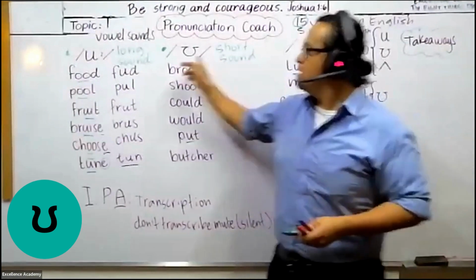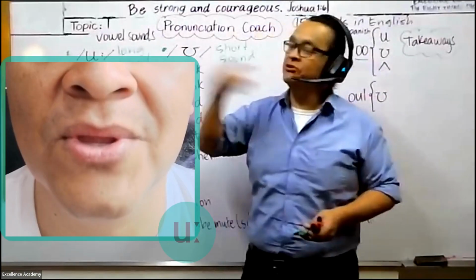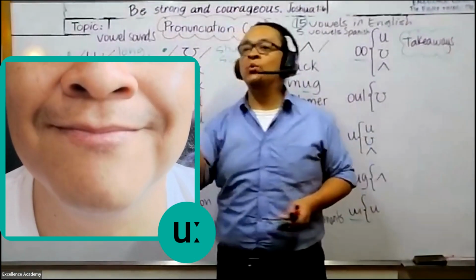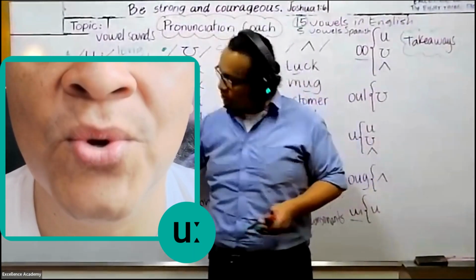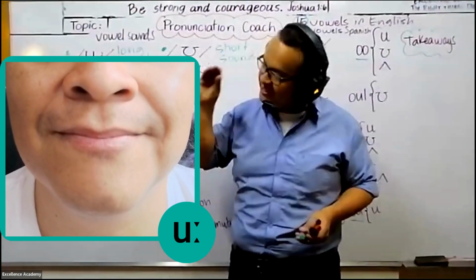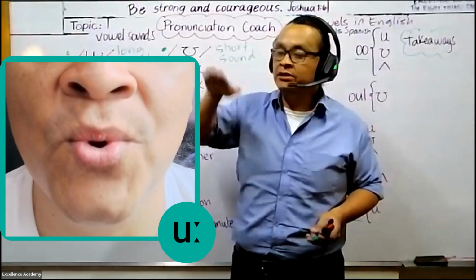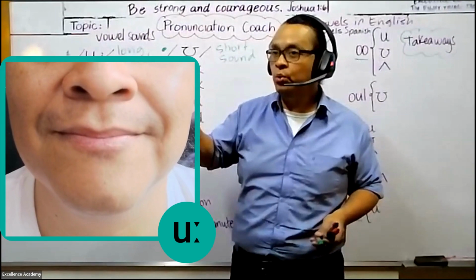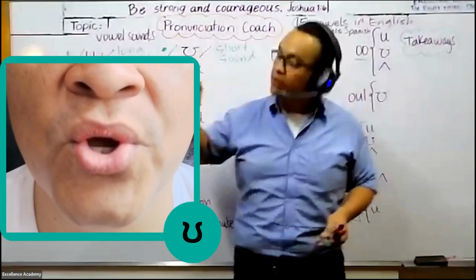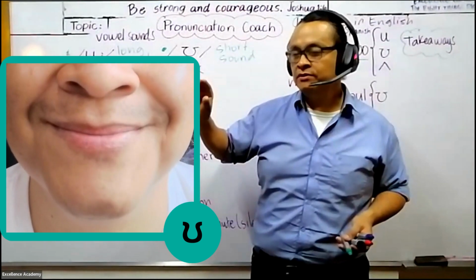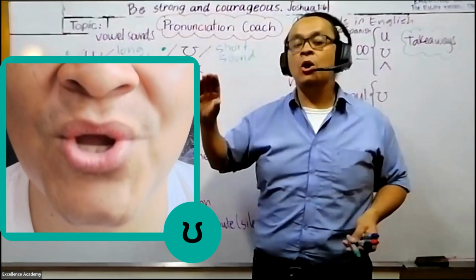Well, for both sounds, you're going to round your lips like this, right? So you're going to go, ooh. But for this one, you're going to put your lips closer together. You're going to tighten your lips, ooh, and your tongue is going to be at the bottom of your mouth. But over here, you're going to relax your lips a little bit more. So your mouth opens more. The circle is bigger. So you're going to go like this.